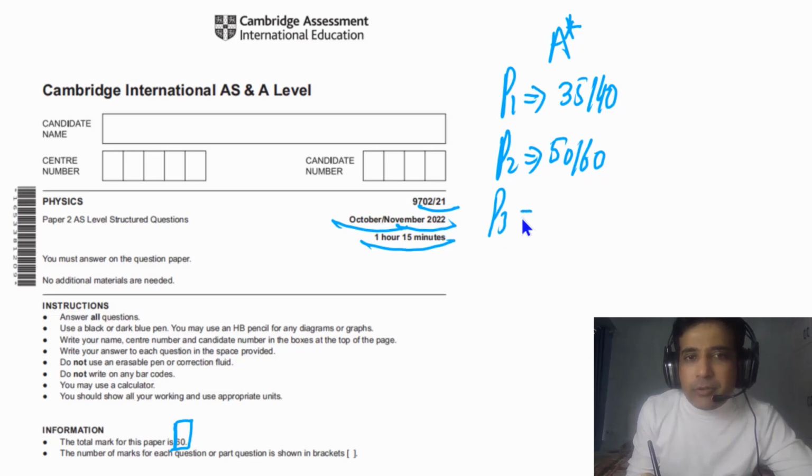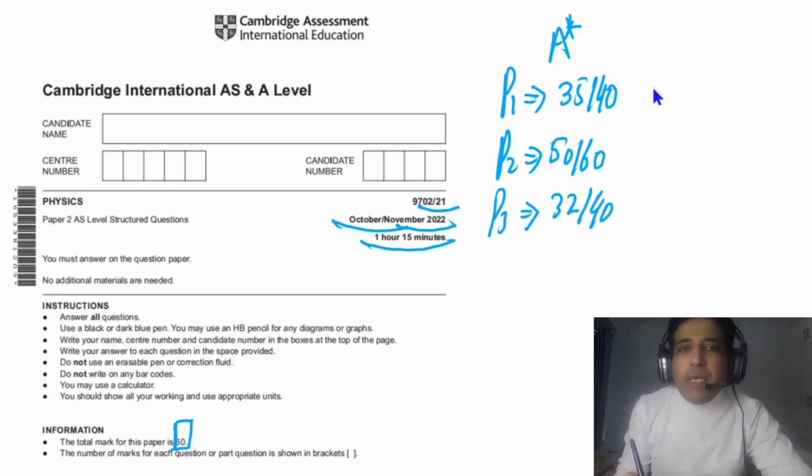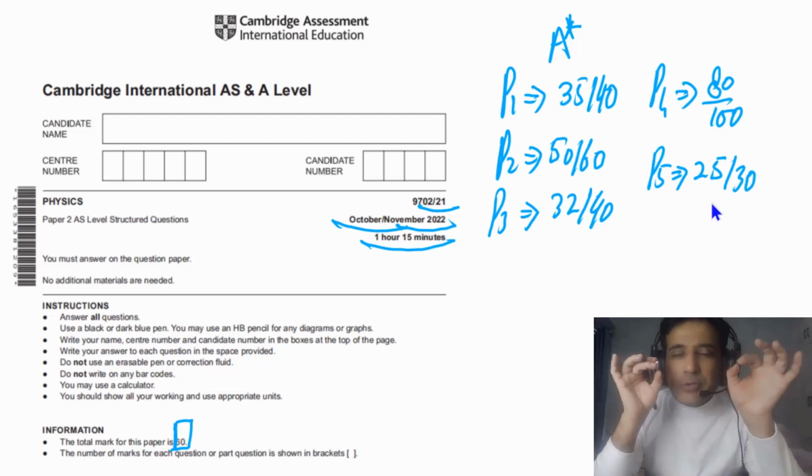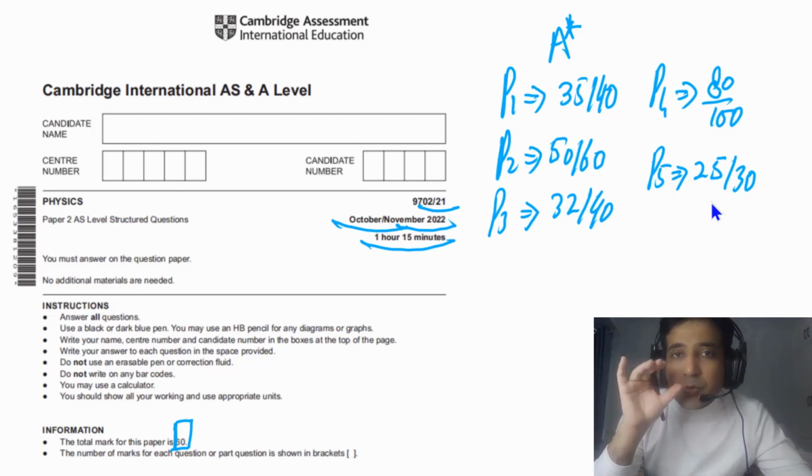And in paper 3, you need to get about 32 out of 40 marks. And in paper 4, you need to get 80 out of 100. And in paper 5, you need about 25 out of 30 marks. If you can get these marks in these papers, it means 100% you will get A star.